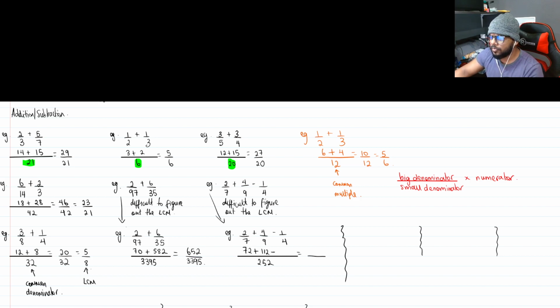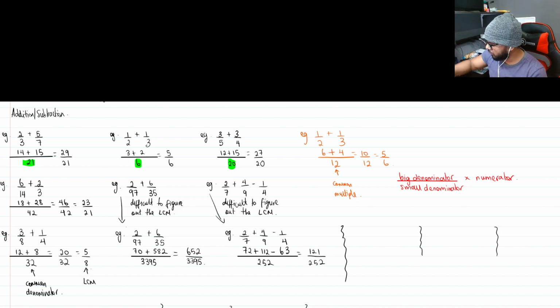Minus 252 divided by 4, 63. 63 by 1 is 63. So when I work out this number here, I get 72 plus 112 minus 63 is equal to 121 over 252. So 121 over 252. 252 is the LCM because this cannot be broken up further.